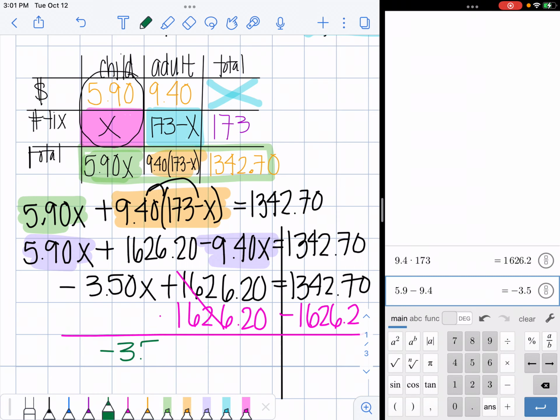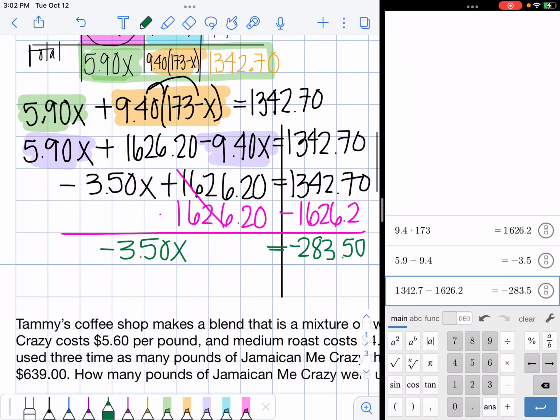This gives me negative 3.50X equals 1342.70 minus 1626.20, which gives me negative 283.50. And to get X on a side by itself, I have to divide by negative 3.50.